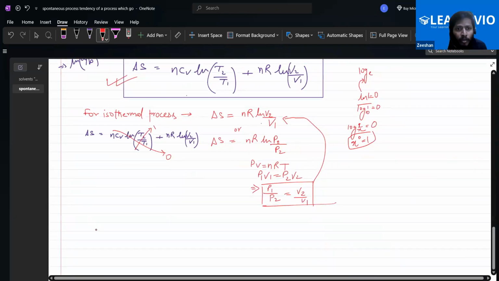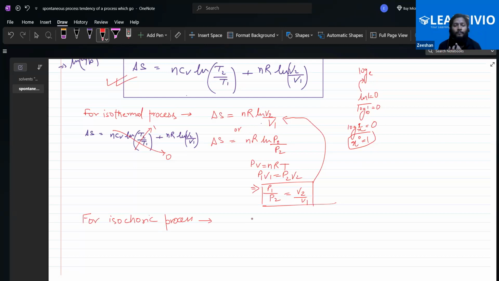Now for isochoric process, you can directly say, tell me, what happens in isochoric process? What is same? Temperature, pressure, or volume in isochoric process?